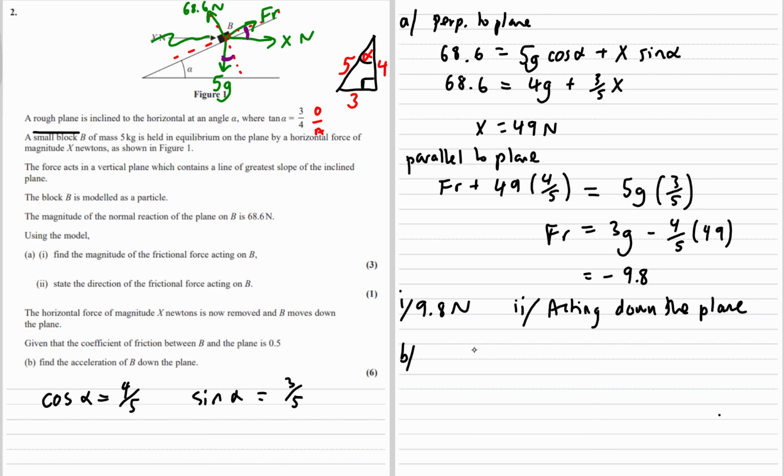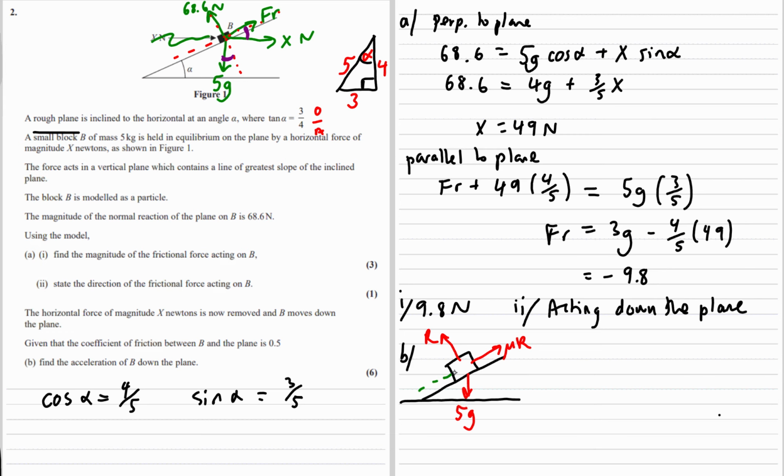So for part B, we still have the weight, which is still 5g. Friction is going to go this way, and I'm going to put mu r. And r will be different, so r is something we're going to have to work out.